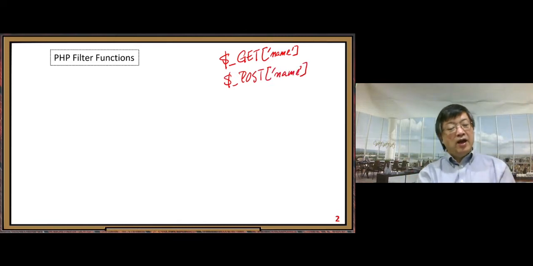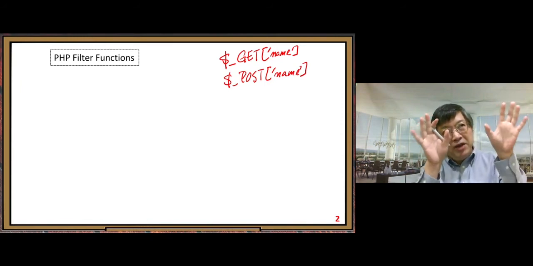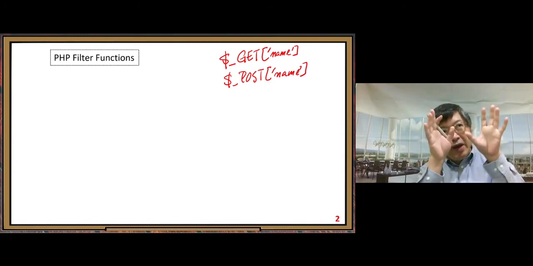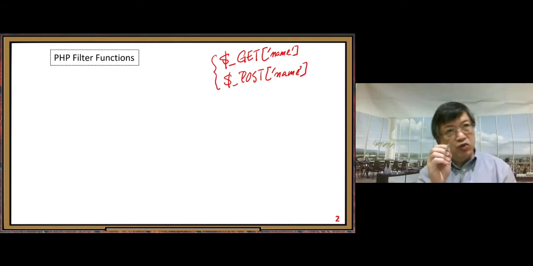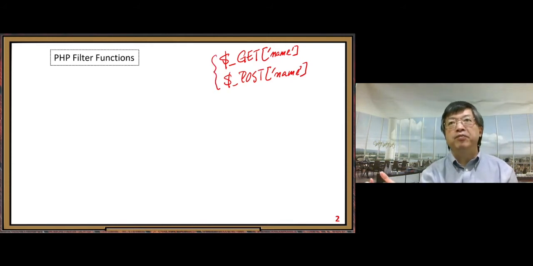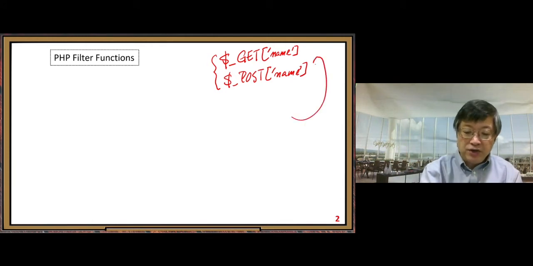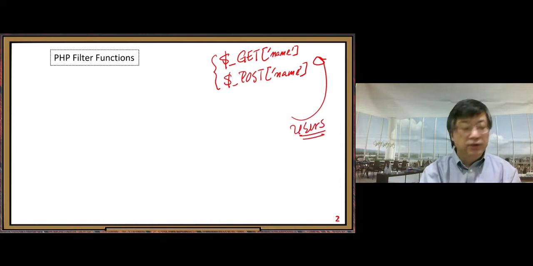Look at that. At that time, I mentioned there is some potential problem for this way to retrieve your input data, because it is not secure. The data come from outside users. You don't know those users, they may do some harmful things.